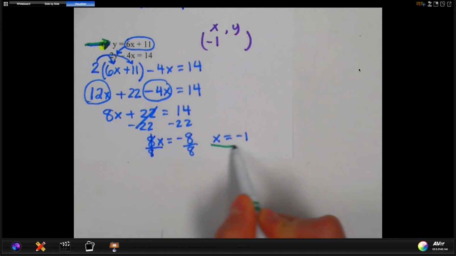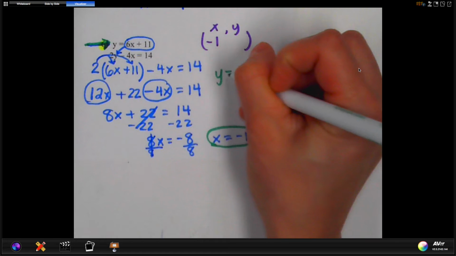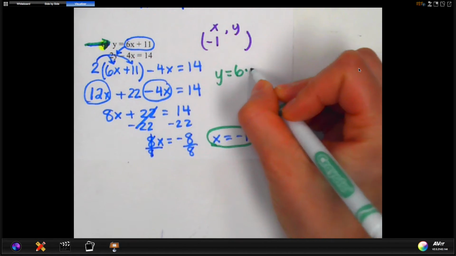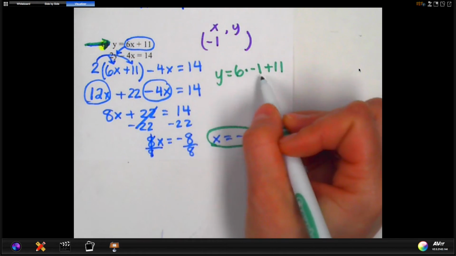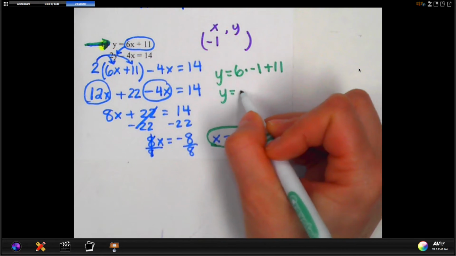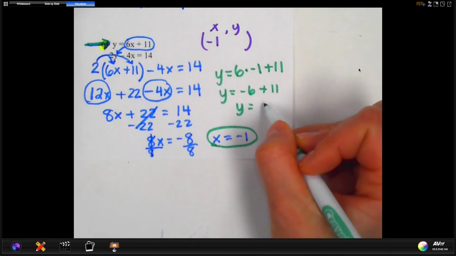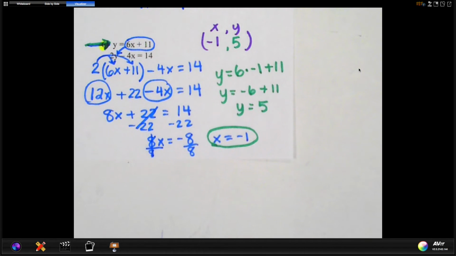We're going to substitute in our answer we got for x. So y equals 6, not x now, times negative 1, plus 11. Well, 6 times negative 1 is negative 6, plus 11, y equals positive 5. And that's the second part of our answer.